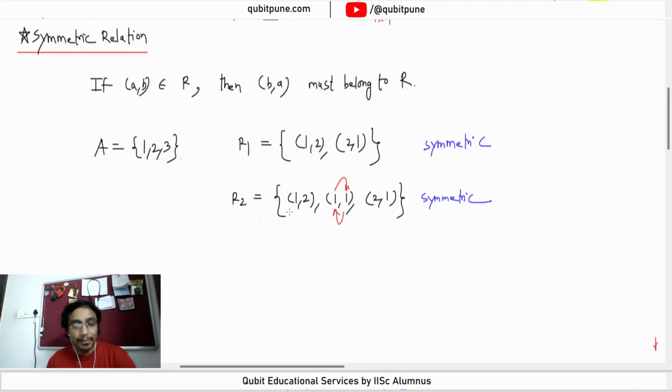But the main point here is it may not contain certain pairs, or it need not contain all ordered pairs, because otherwise it will become a universal relation. It need not contain all ordered pairs.